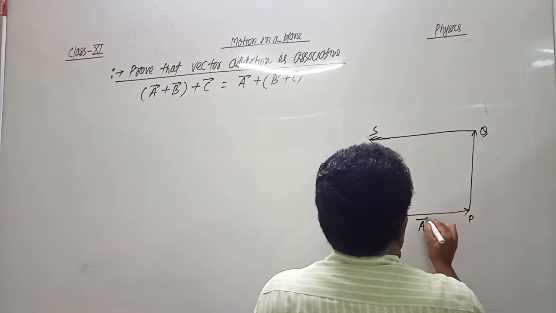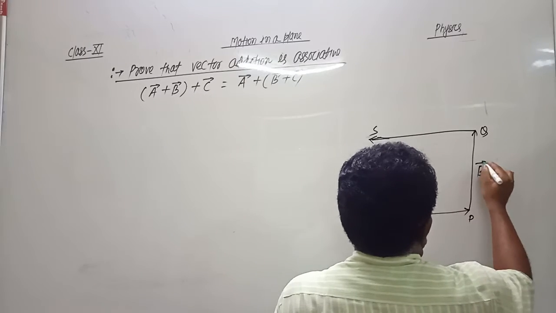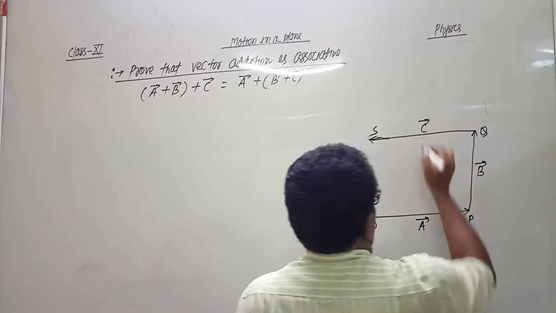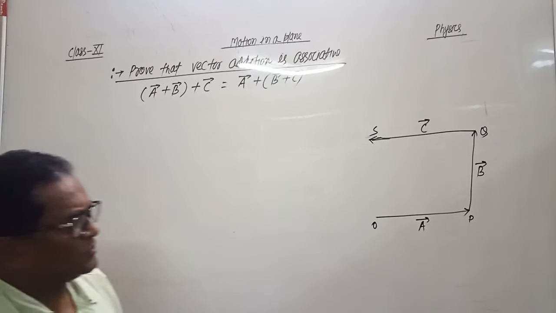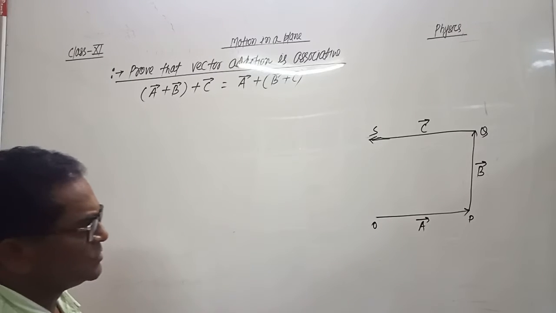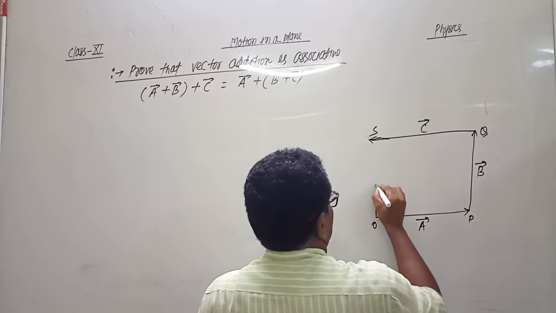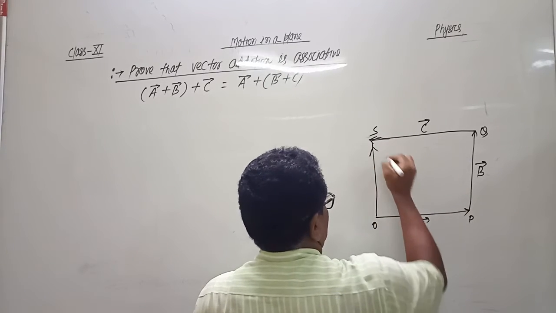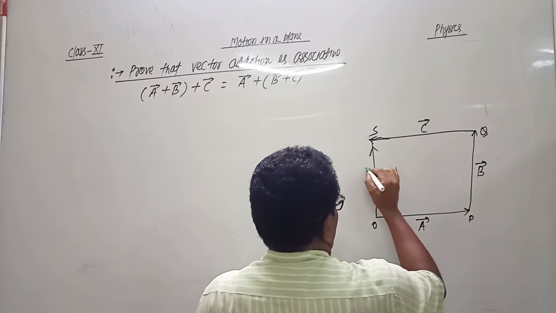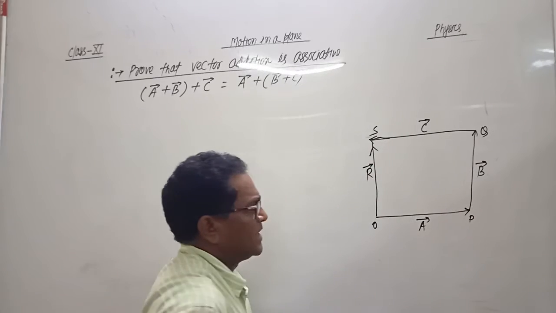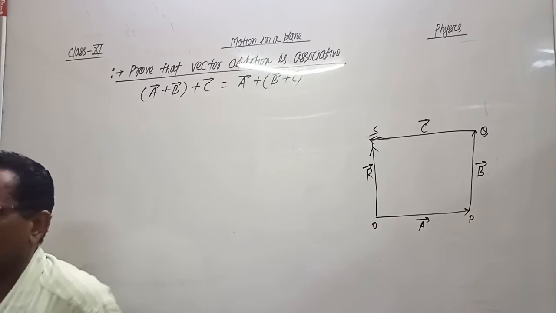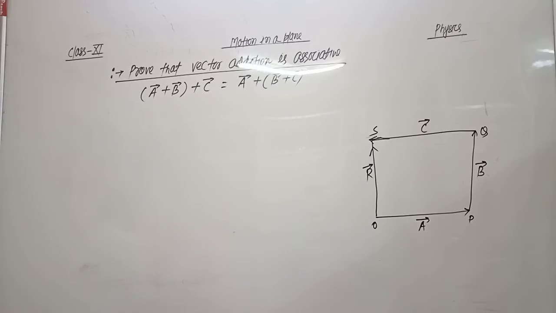This is vector A, this is vector B, and this is vector C. For more than two vectors we use the polygon law, and this is the resultant vector, represented by vector R. So we will prove this by the polygon law of vector addition.